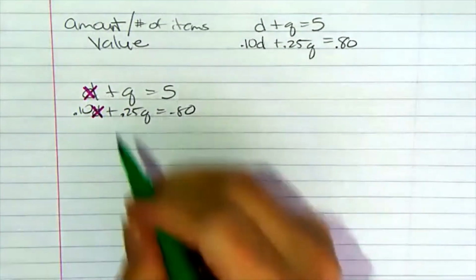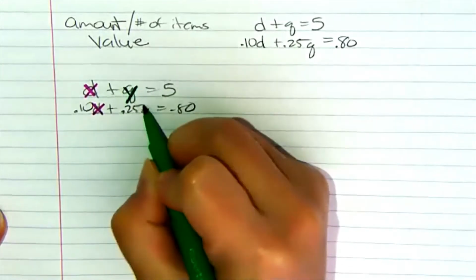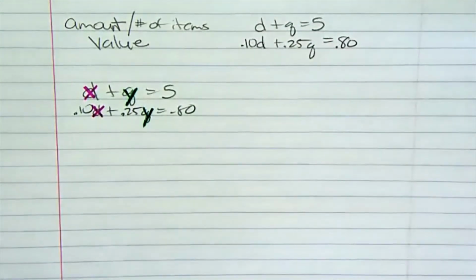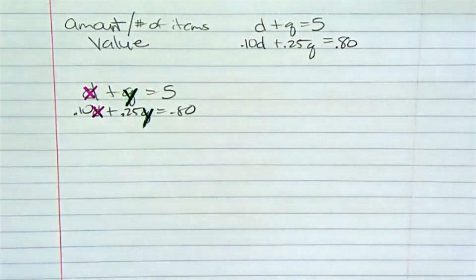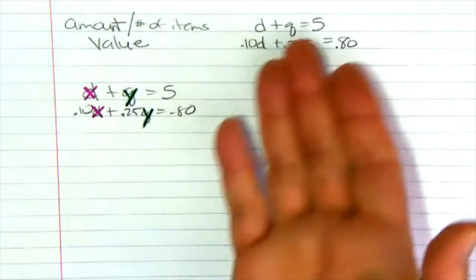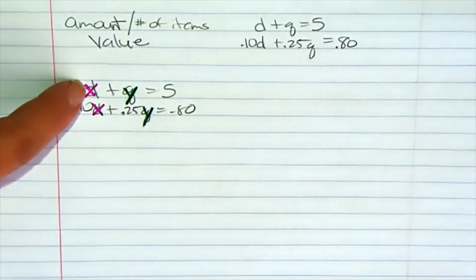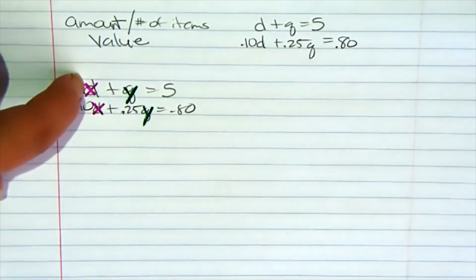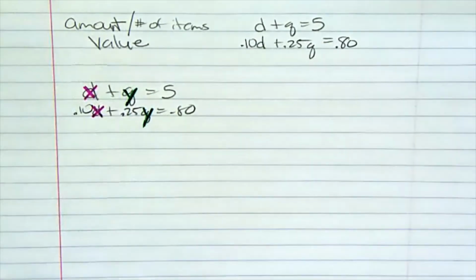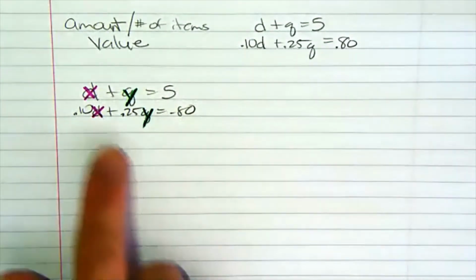And quarters were y's. When I created the equation, I like to use D and Q for dimes and quarters because that's what we're dealing with. But then the problem told me the amount of x dimes or y quarters. So all I did was just put x and y over my D and Q.